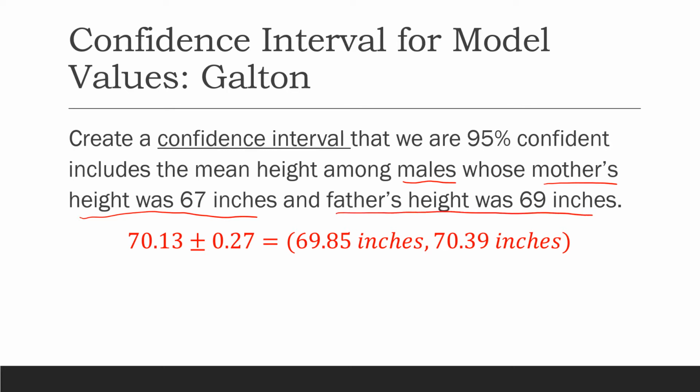Then we could create a confidence interval that we're 95% confident includes the mean height among males whose mother's height was 67 inches and father's height was 69 inches. Right now I have the confidence interval given here: 69.85 up through 70.39 inches. We're going to see how to calculate those in R in just a few minutes.